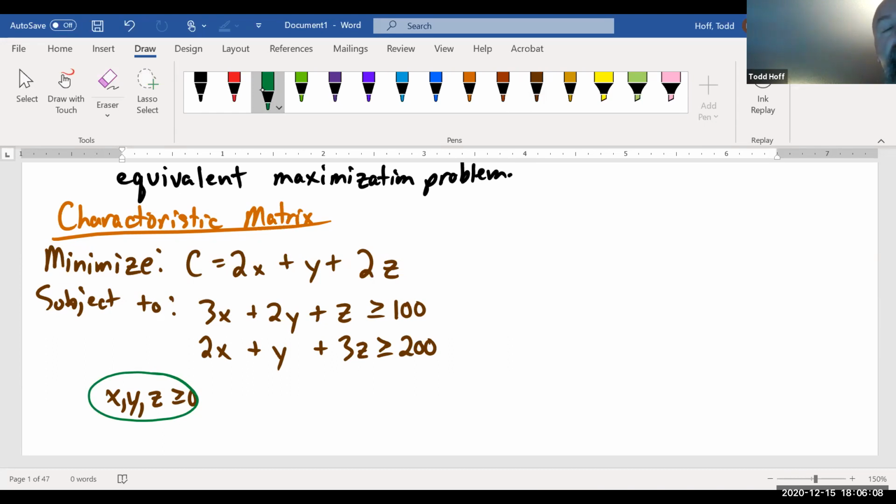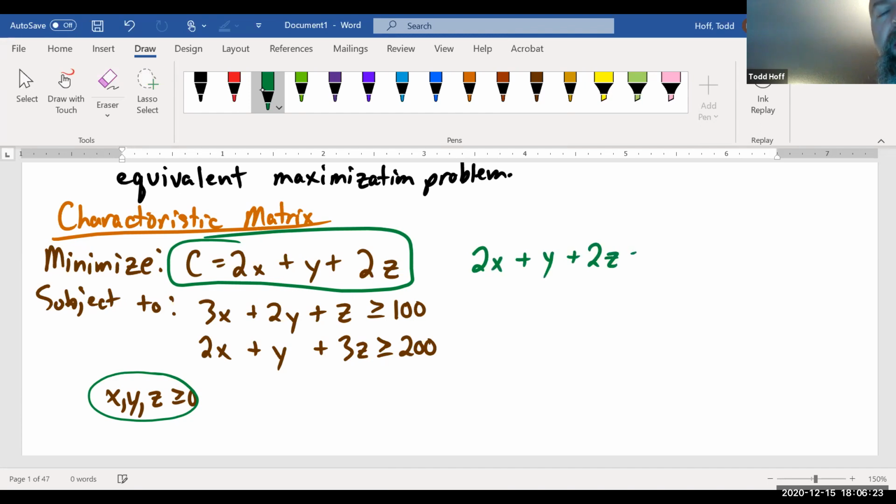Our characteristic matrix, to do it, we're going to take first our objective function, and we're just going to rearrange it. We're going to put the variables first, 2x plus y plus 2z equals c, only we're going to let c be 0.